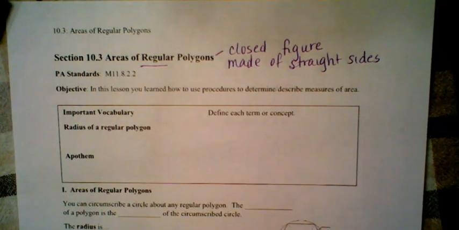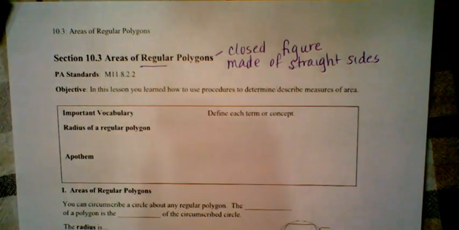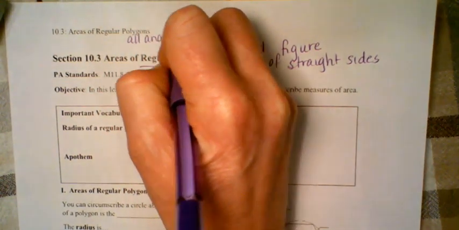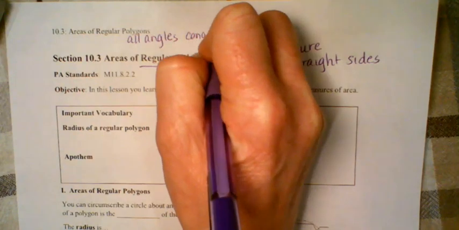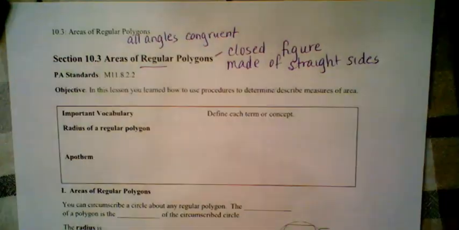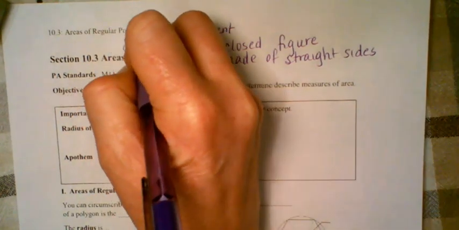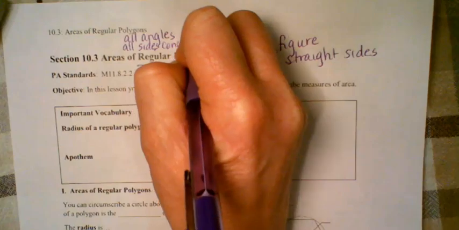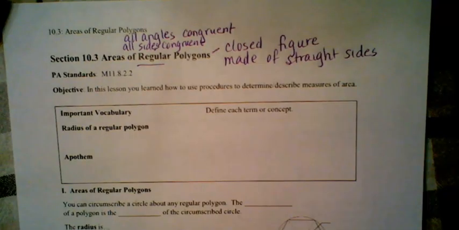And we're talking about regular polygons, so that means that all angles are congruent and all sides congruent. So like a regular quadrilateral would be a square, and a regular triangle would be an equilateral triangle.